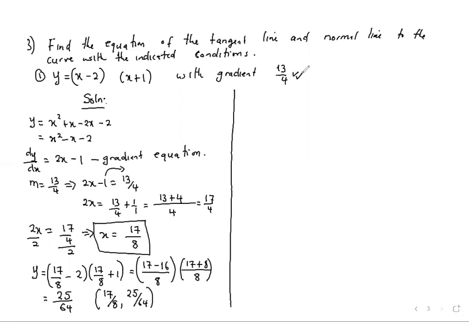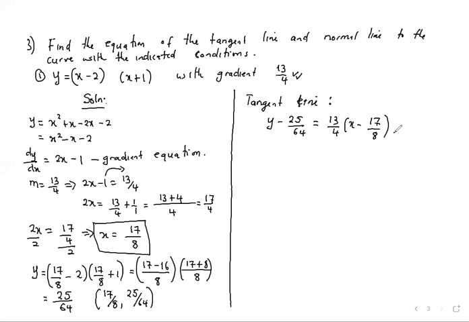So we're saying the tangent line is going to be y minus y1, that is 25 over 64, is equal to the gradient, which is 13 over 4 multiplied by (x minus 17 over 8).